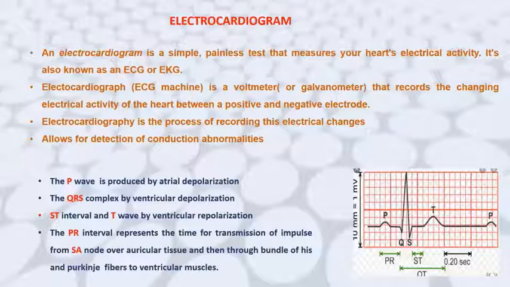The SA node is known as the pacemaker of the heart, because the signal for the contraction of the heart is mainly initiated from that SA node. From the SA node, it will spread to the auricular tissues and along through the bundle of His and Purkinje fibers. These messages, or stimulus, or signals will reach the overall wall of the heart. So this is the explanation of this ECG graph.